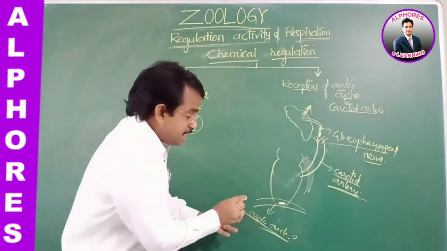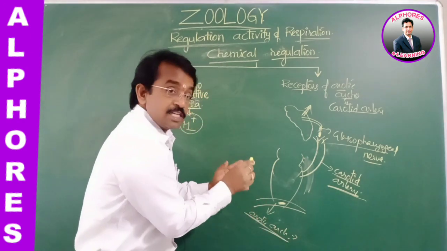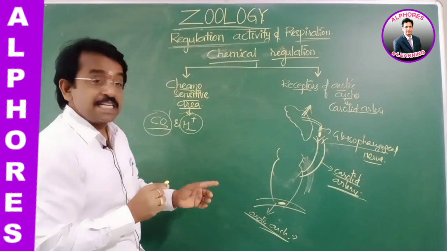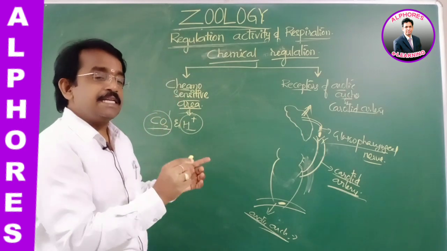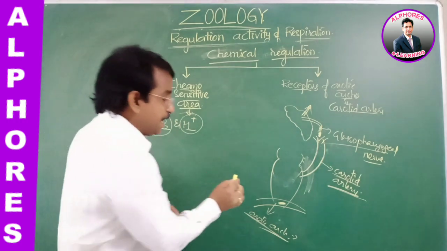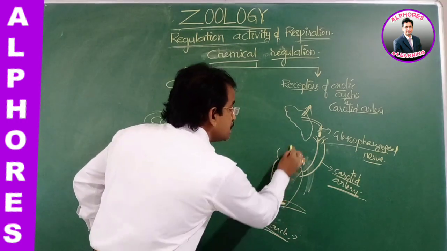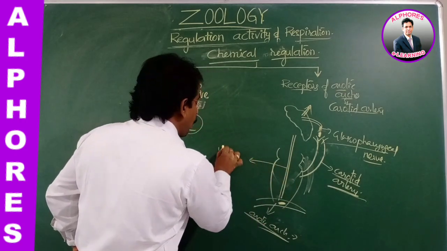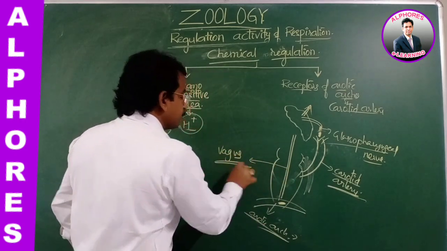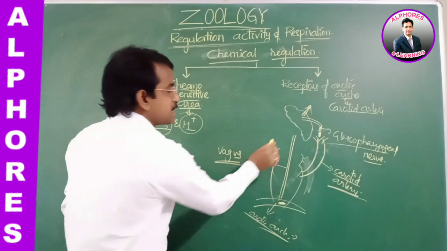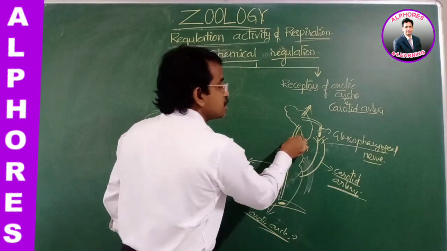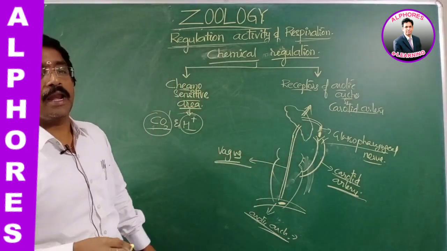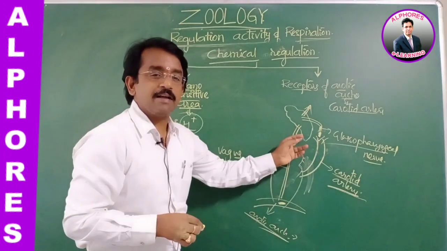So these aortic arches also have receptors. Once these receptors detect the stimulus, they give a signal to a nerve named the vagus nerve. This vagus nerve takes the impulses to the brain, that is the medulla oblongata.